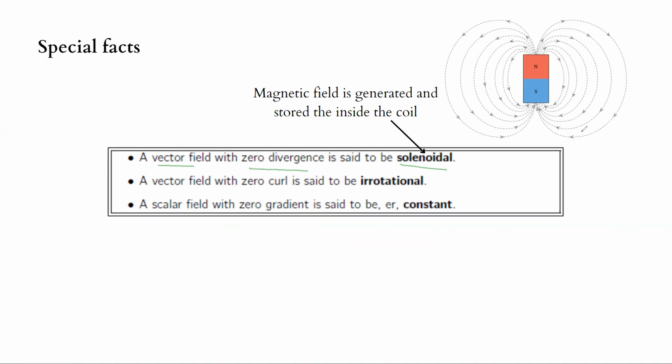So if there's a vector field that has zero divergence, then the vector field is known to be solenoidal. That means that, for example, if we take a solenoid, the solenoid is basically formed by a metal wire which is wound around a certain metal core, right?